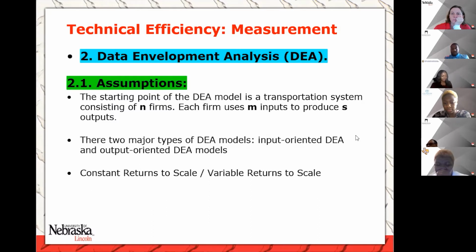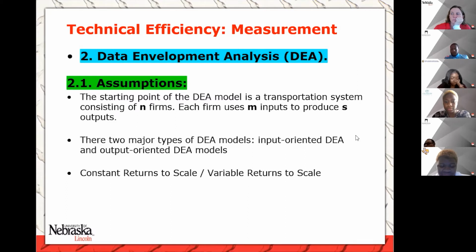And each firm uses m inputs to produce s outputs. There are two major types of DEA models: input-oriented DEA and output-oriented DEA. I'll explain the difference between input-oriented and output-oriented DEA later on, okay?